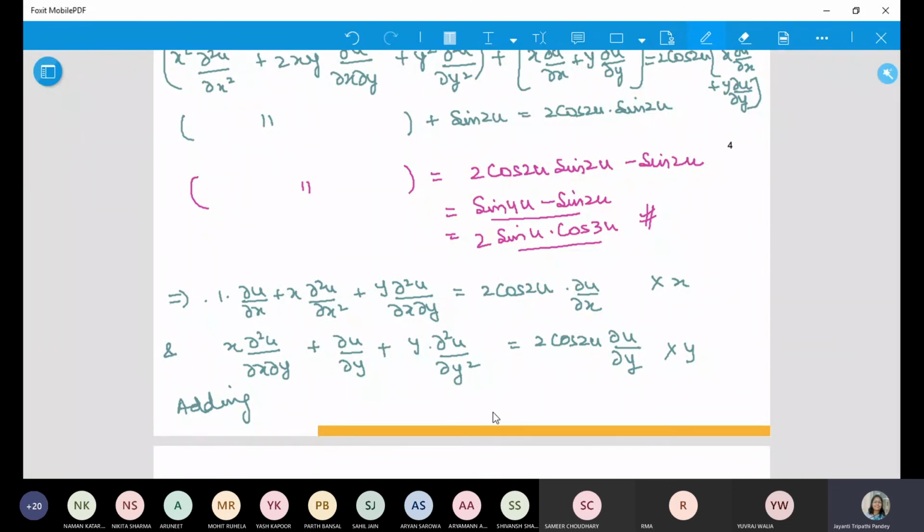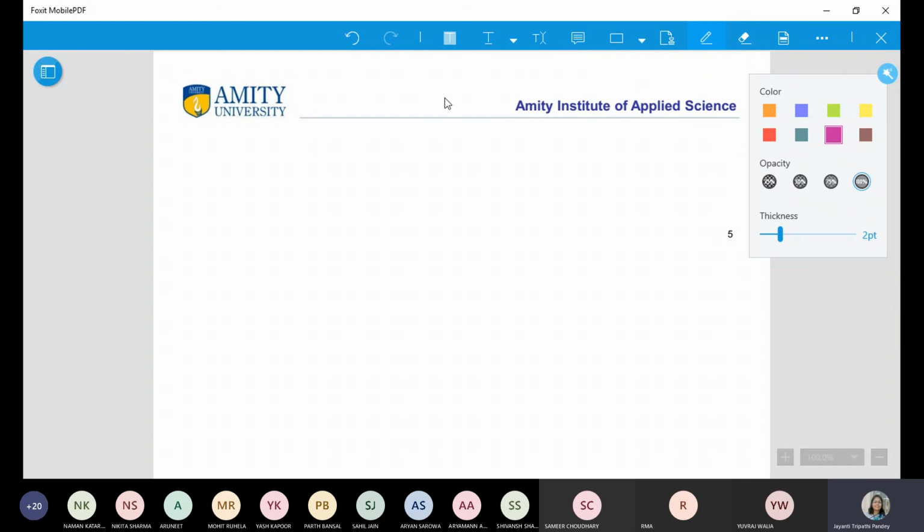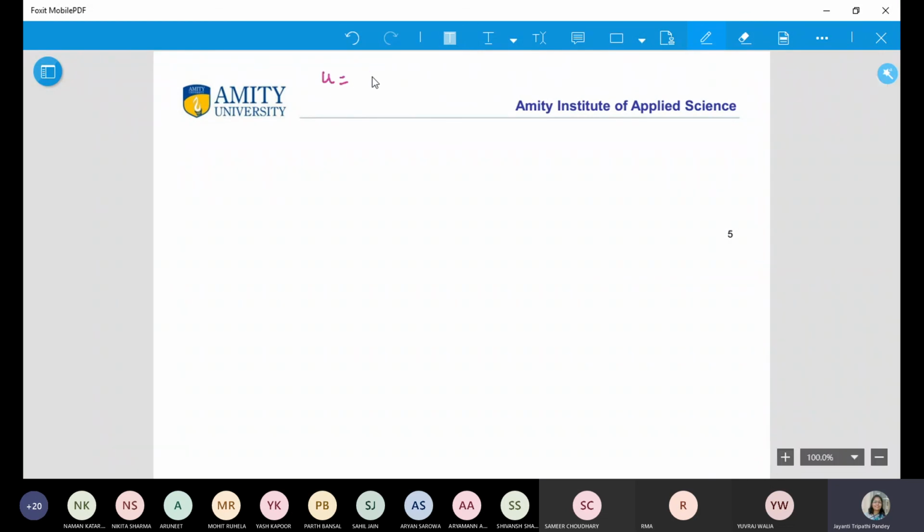I'm writing the question. Just note down. u is equal to sin⁻¹((x + y)/(√x + √y)).